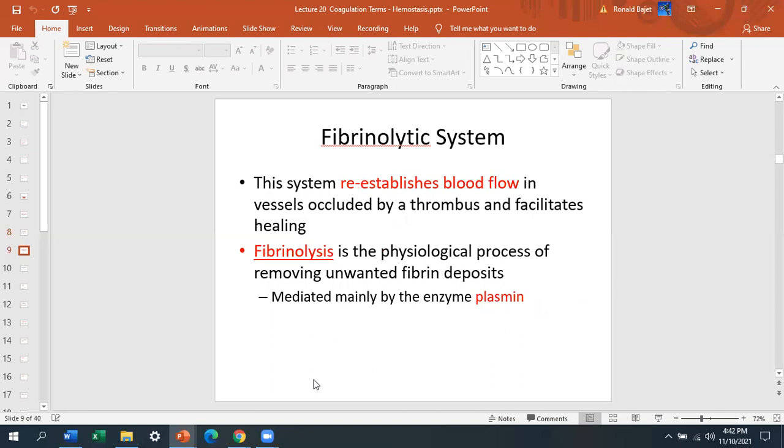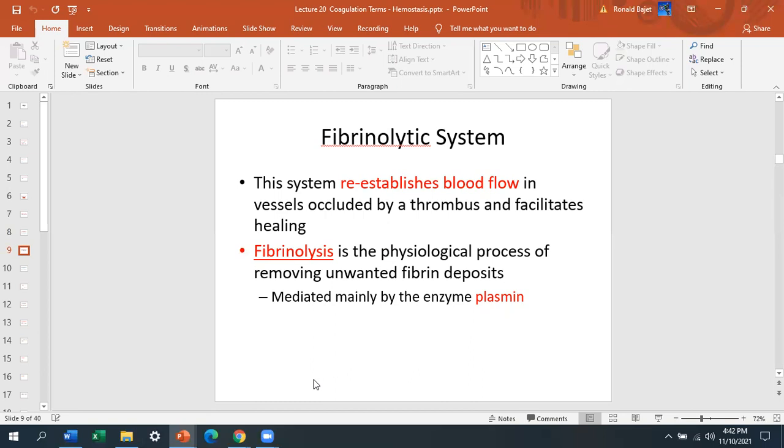So the fibrinolytic system: you form clots, you're healed, but you don't want to form clots forever, right? The fibrinolytic system reestablishes blood flow. You're healed now. Blood flow is reestablished in the blood vessels occluded by a thrombus, and it facilitates healing. Fibrinolysis is a physiological process of removing unwanted fibrin deposits.